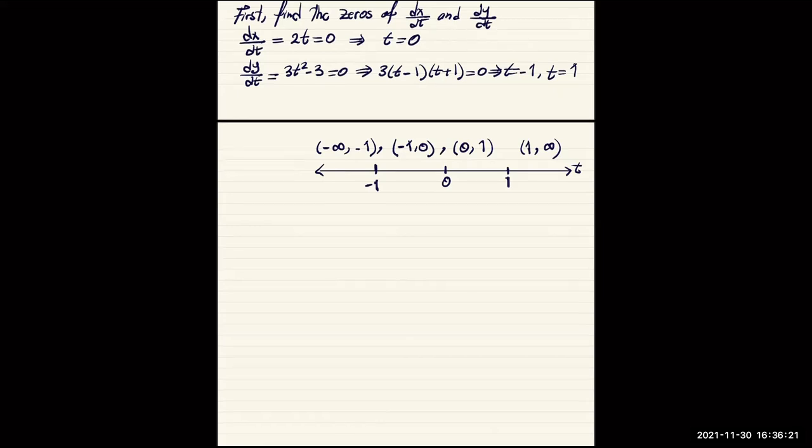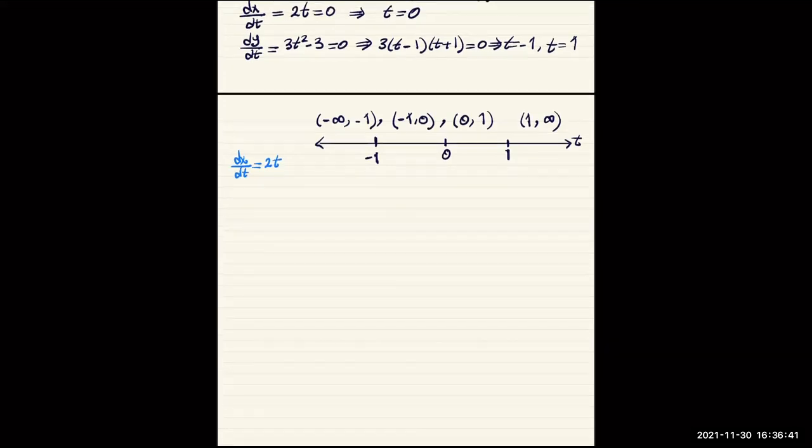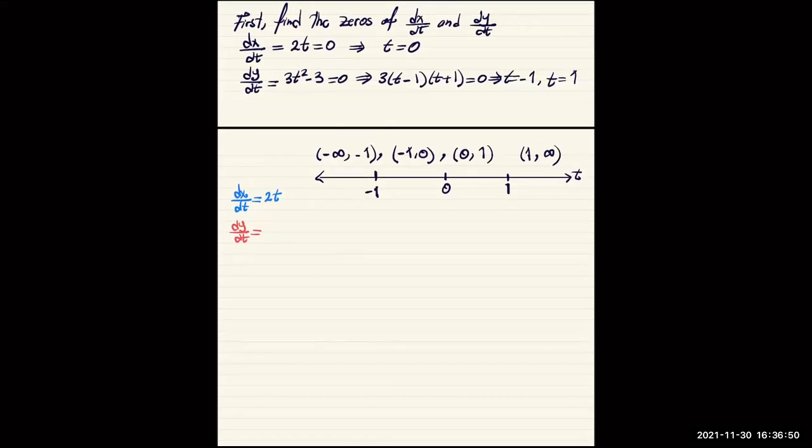Okay, now we're gonna check the sign of dx dt and dy dt. Again, if you want, you could call that x dot. Dx dt was 2t. All right, we have dy dt, and we're gonna do a sign analysis on it.